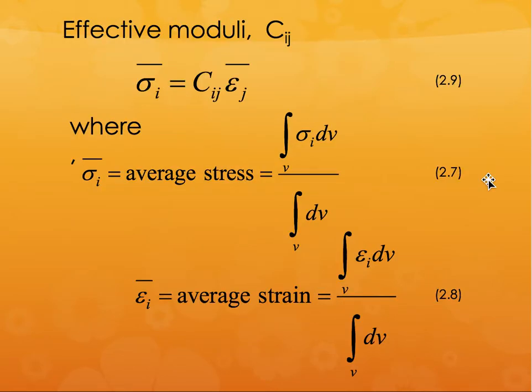But what it does is you can come up with what is called an effective modulus C, the stiffness matrix. So you can say that the effective stress is equal to the stiffness matrix times the effective strain, or actually an average stress and average strain, integrated over the entire volume.